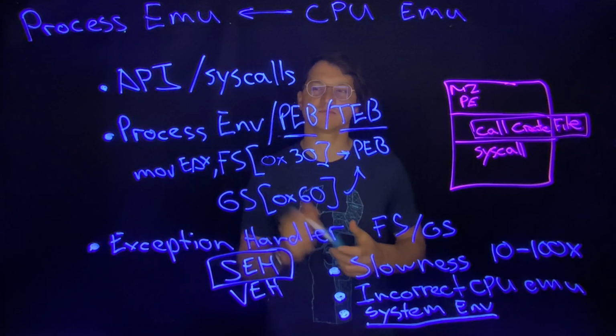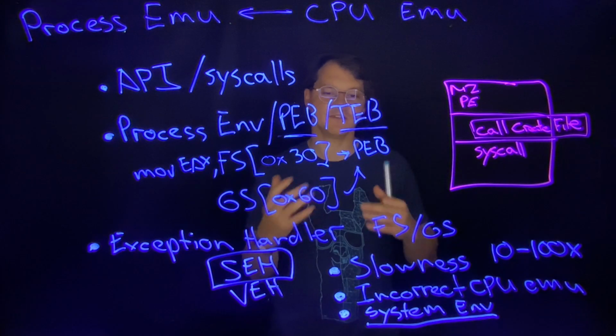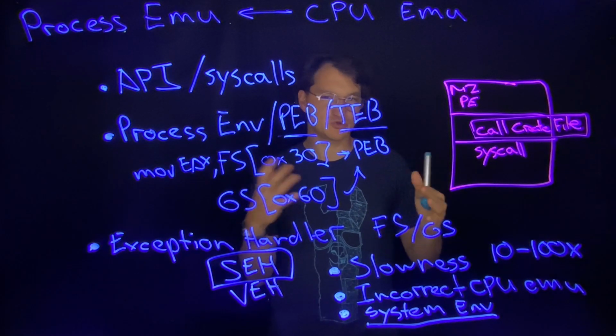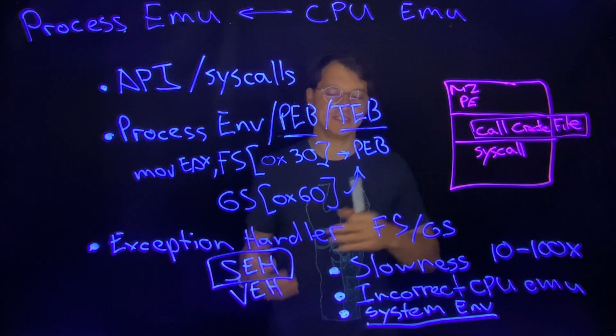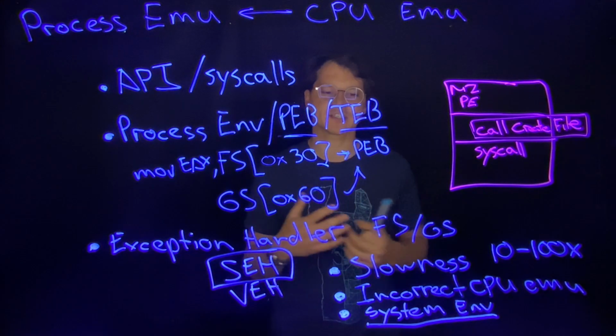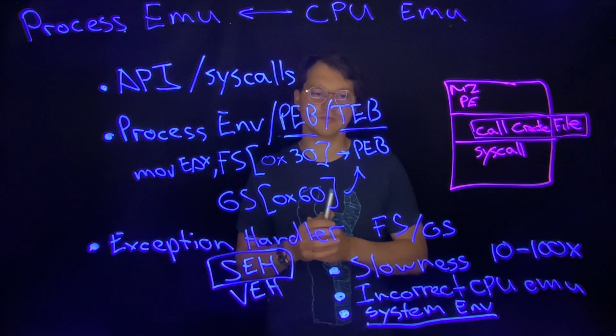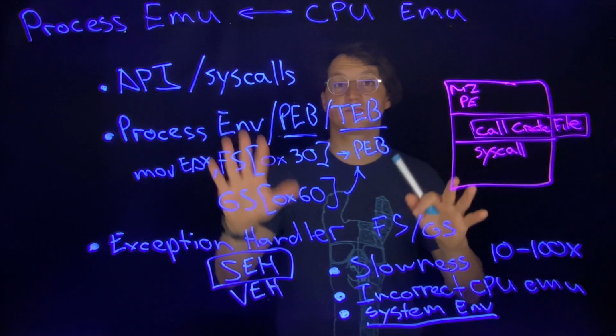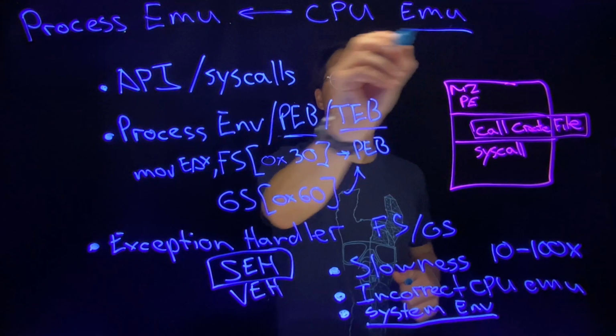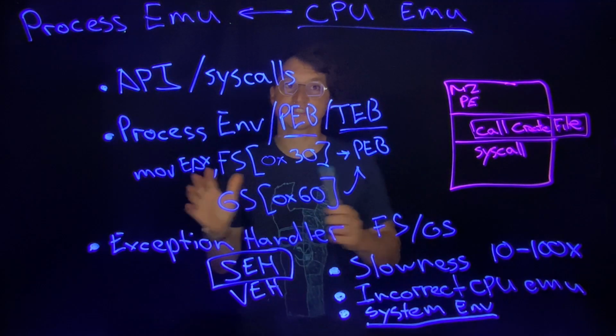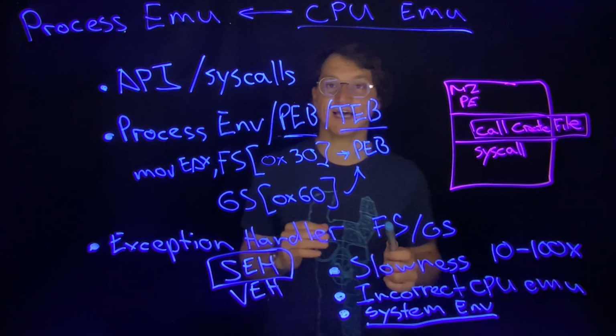And even a process emulator would struggle if the malware tries to do some tricky things with the system, maybe creating and reading files or creating network connections and so on. But definitely process emulation will be a step forward. Anyway, those are the problems CPU emulators had against polymorphic malware. Let's see how process emulators solved those problems and how they worked.